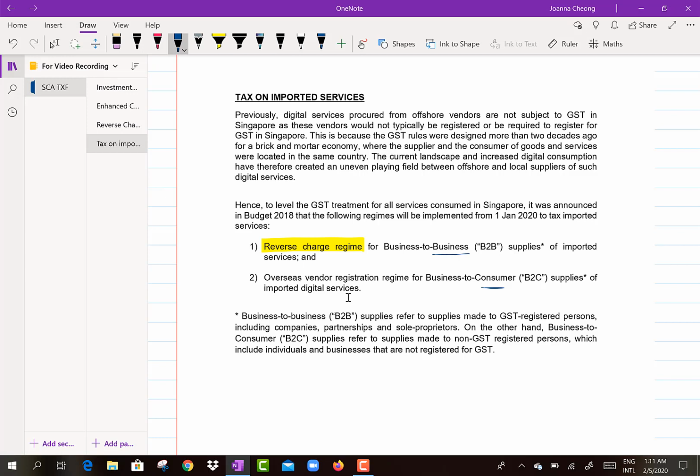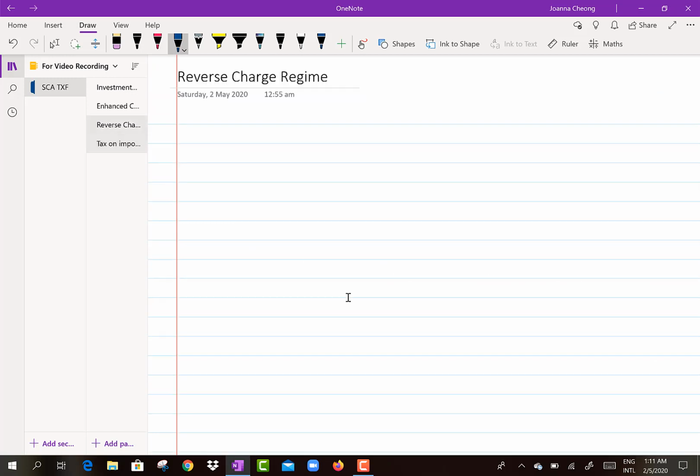All right, now before I talk about what is OVR and when you have to apply reverse charge, let me tell you more about this reverse charge, because a lot of people get confused about what really is reverse charge. So I hope to take this opportunity to clear your doubts and make it easier for you to understand.